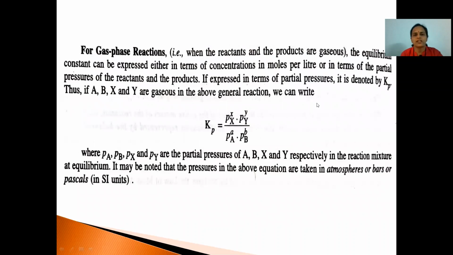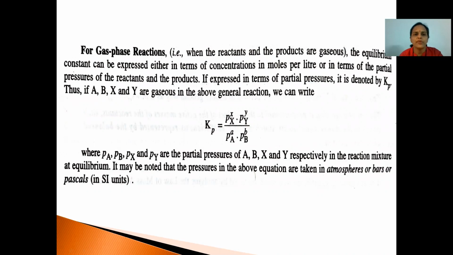For gas phase reactions, that is, when the reactants and the products are gaseous, the equilibrium constant can be expressed either in terms of concentrations in moles per liter or in terms of partial pressures of the reactants and the products. If expressed in terms of partial pressures, it is denoted by Kp.